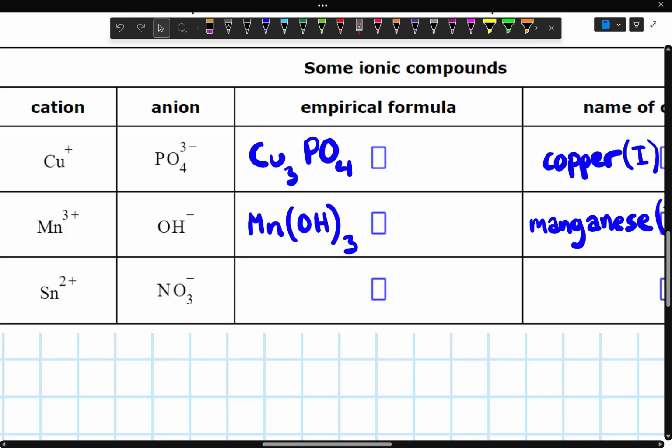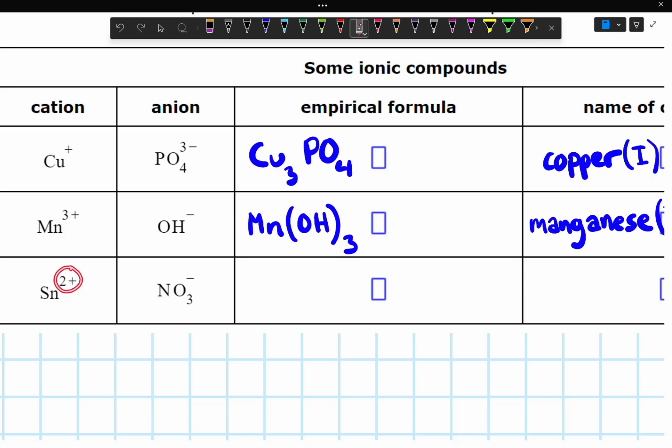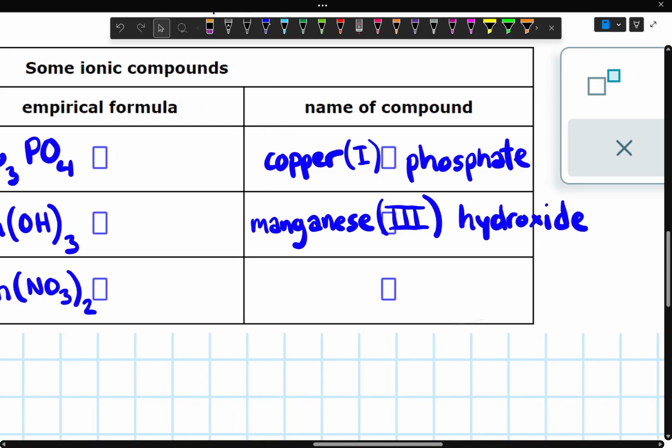Alright. Next we have tin. So we have a +2 charge that we'll bring over here, and a -1 charge that we bring over there. So that will give us Sn, which is tin, and NO3 polyatomic ion, and there will be 2 of them. Now, what is the name?